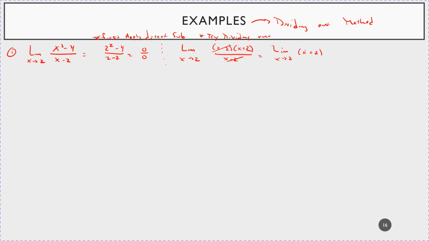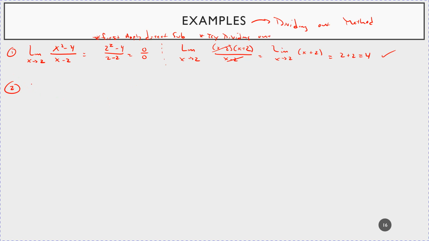This new function, x plus 2, agrees with x squared minus 4 divided by x minus 2 everywhere but x equal to 2. So now you can evaluate the limit by just plugging it in, and that's how we got it. If you have a rational function, you just want to factor and cancel out.